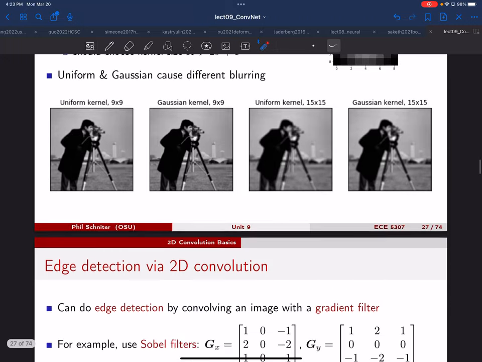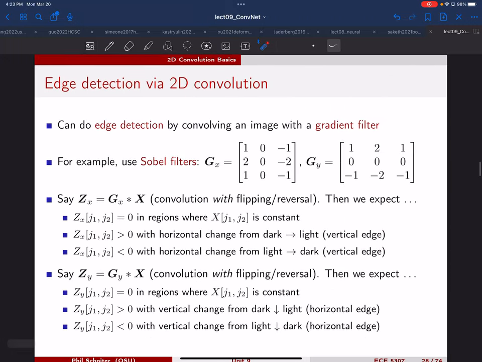Okay. And another thing we can do with these, it's a little bit more interesting, is edge detection. And in particular, we can detect horizontal edges or vertical edges pretty easily by making our kernels look like this. So here we have a kernel with positive numbers on the left, negative numbers on the right, and zeros in the middle.